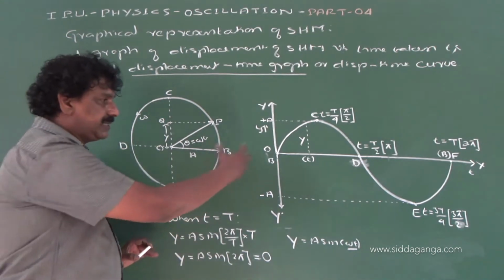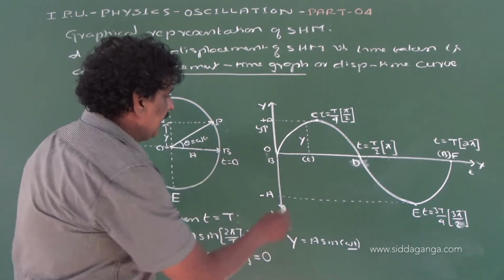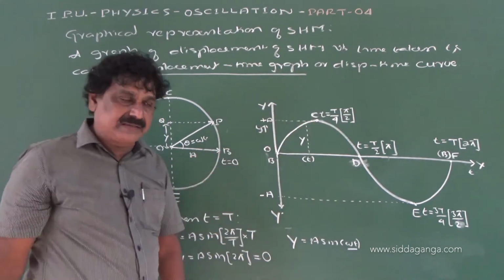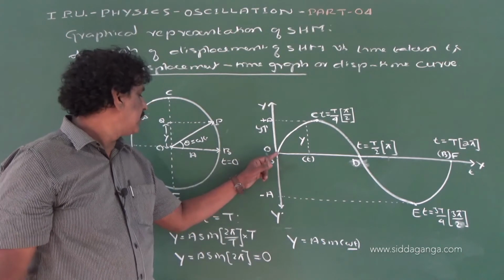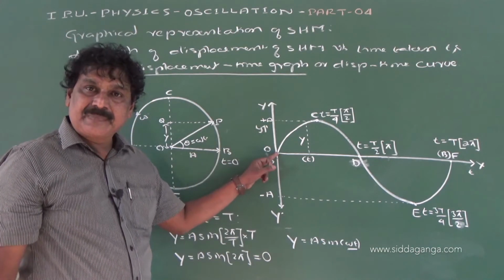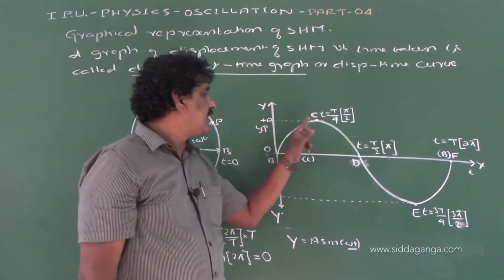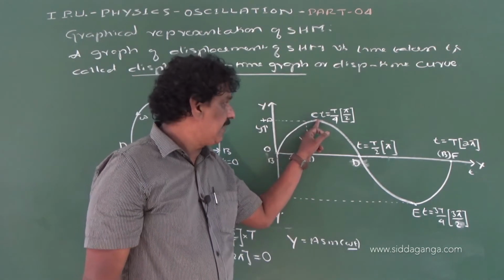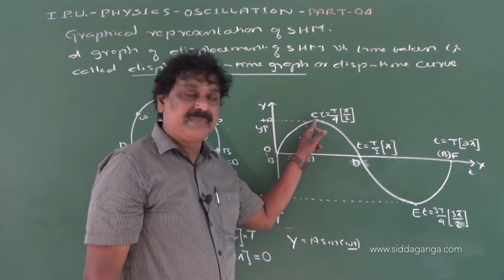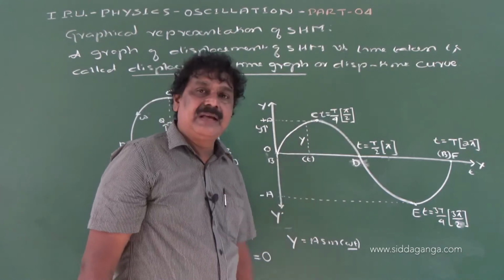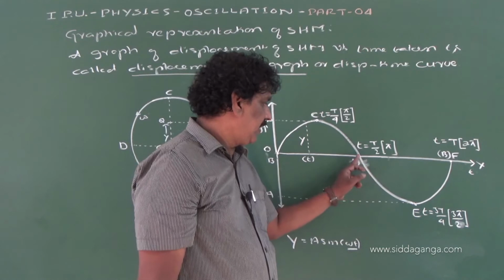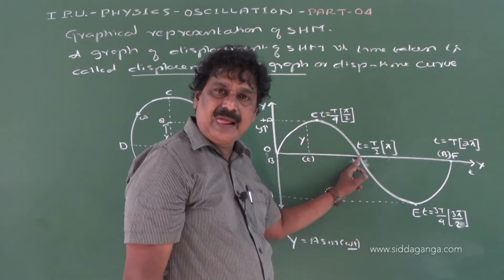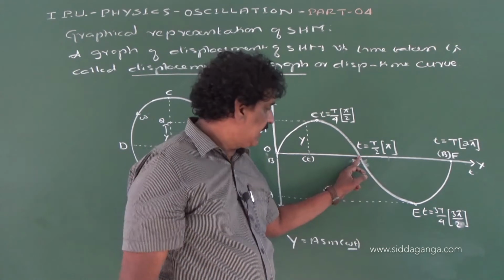Now this is how, when the time passes, at time t is equal to 0, it occupies the position B. At time t is equal to T by 4, it occupies the position C. At time t is equal to T by 2, it occupies position D, completing half oscillation.